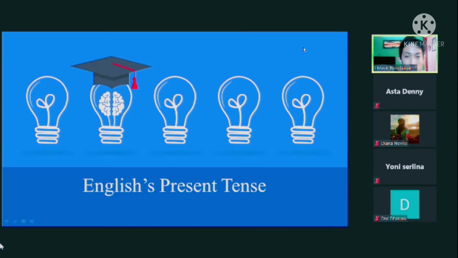Without any further ado, I'll continue to our discussion. I will discuss now the English present tense, which you already know about. Can anyone here help me? What are the sub main points in English present tense? There are four sub main points. Can anyone mention each one of them?